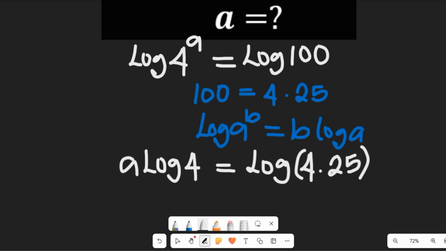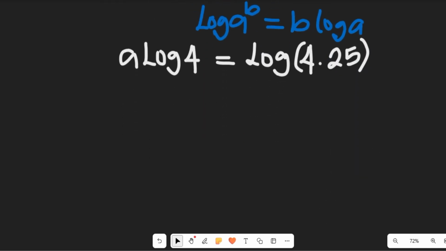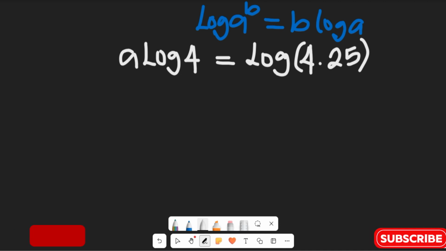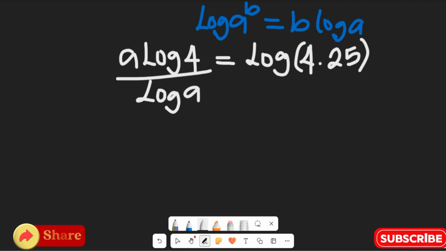Great. Now in the next step, we are going to simplify. If I simplify this in the next step, then I should be able to divide both sides by the log of 4. That way I can find the value of a on the left hand side. If I divide here by the log of 4, this is going to cancel out.